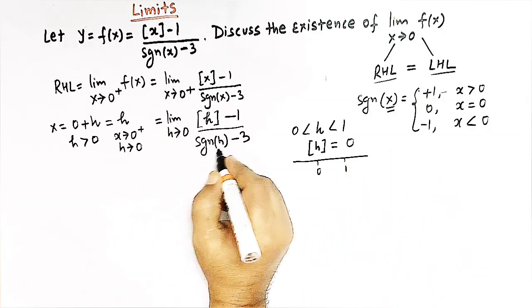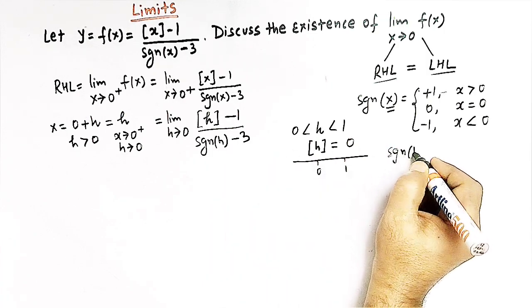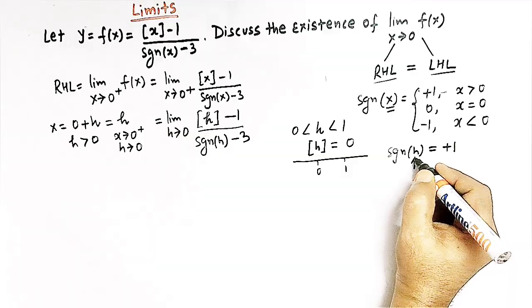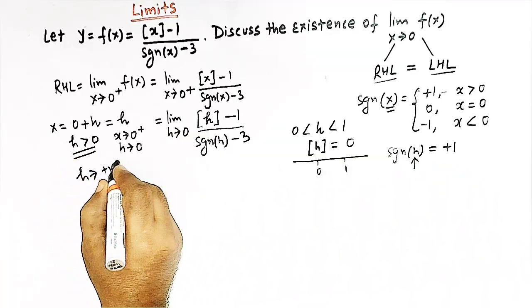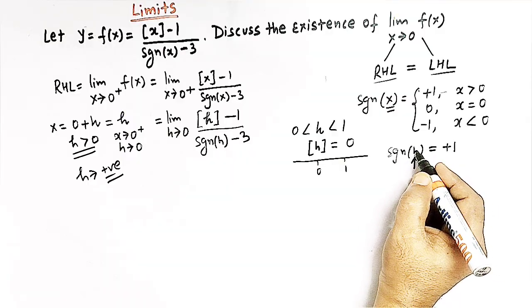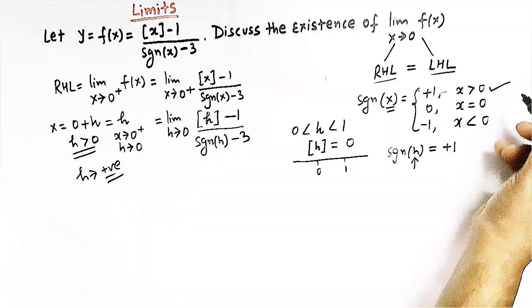And here we have signum of h. Now signum of h is equal to plus 1, because h is a positive quantity, right? H is positive, therefore signum of some positive quantity should be equal to plus 1 due to this definition.